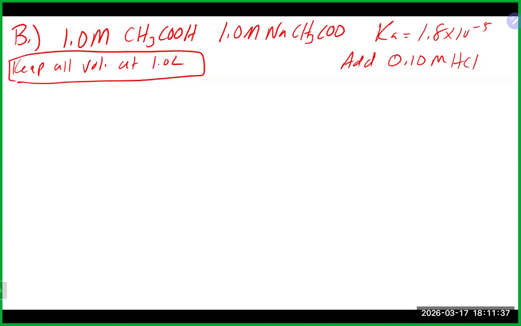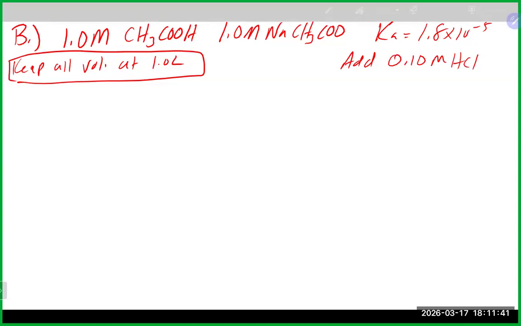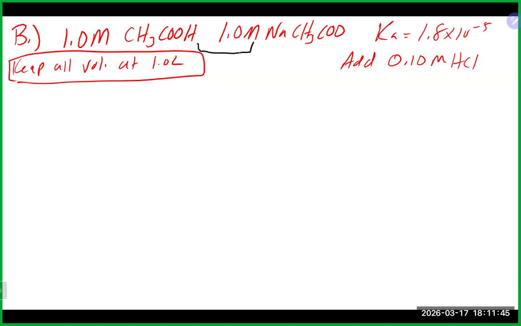So what's going to happen between these two things, because this is a buffer, as we just talked about, and this is the acid part of our buffer and this is the base part of our buffer, is that the buffer is going to set up an equilibrium in that beaker.